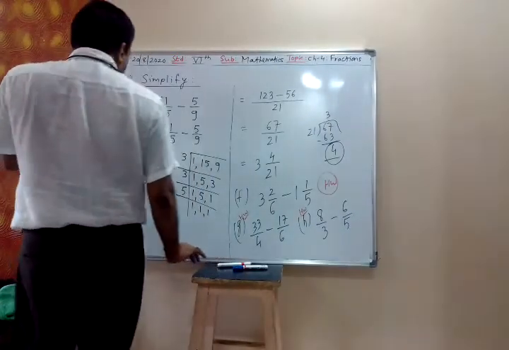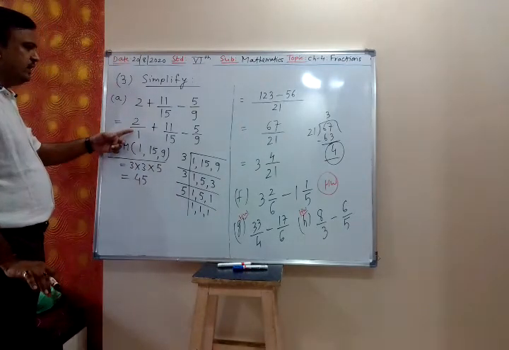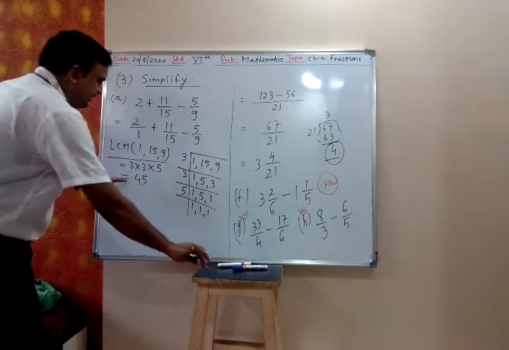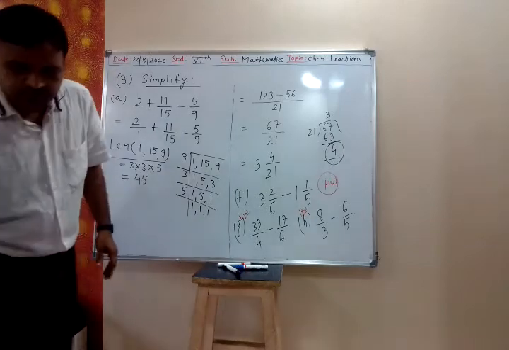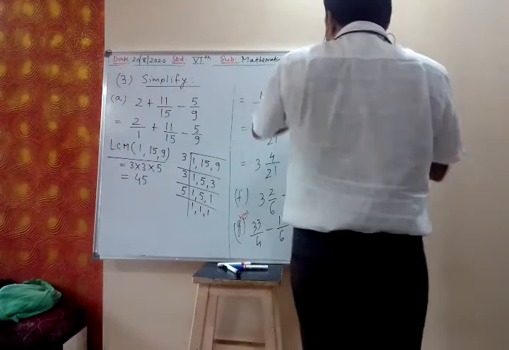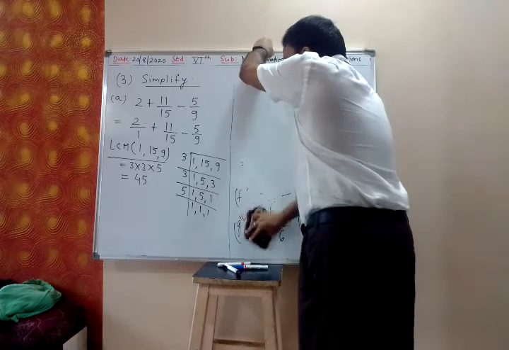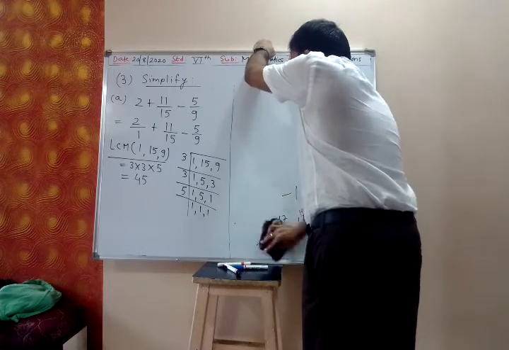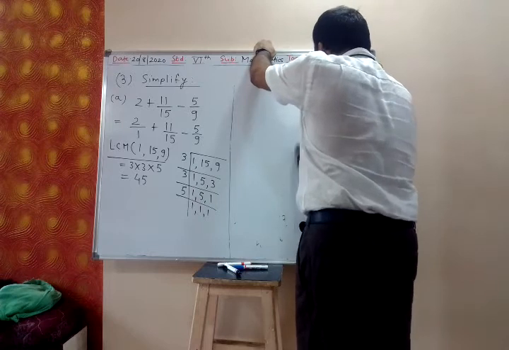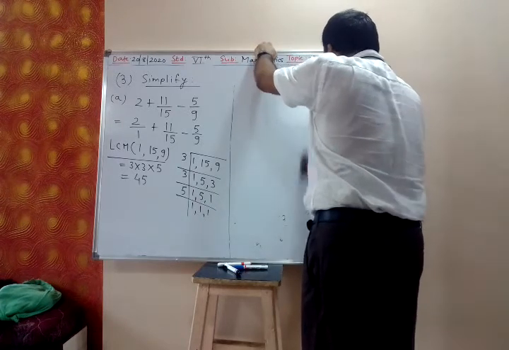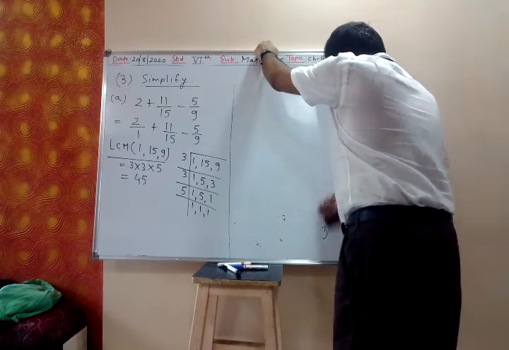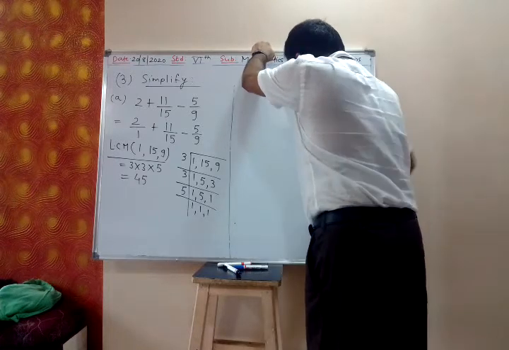Now we convert the denominator of each fraction to 45. Whenever 2 was given, we write 2 upon 1. Any fraction has a numerator and denominator both. So 2, I will write as 2 upon 1.